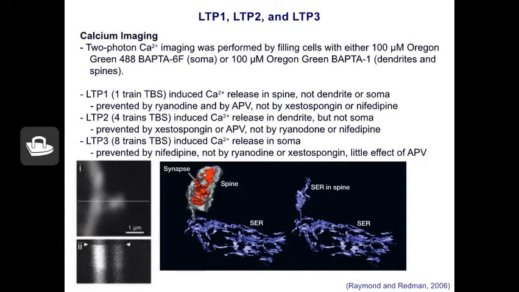Now, the illustrations on this slide actually show calcium imaging through a dendritic shaft and a spine at the left, and a computer-generated 3-dimensional reconstruction of the endoplasmic reticulum extending up into a spine over at the right.